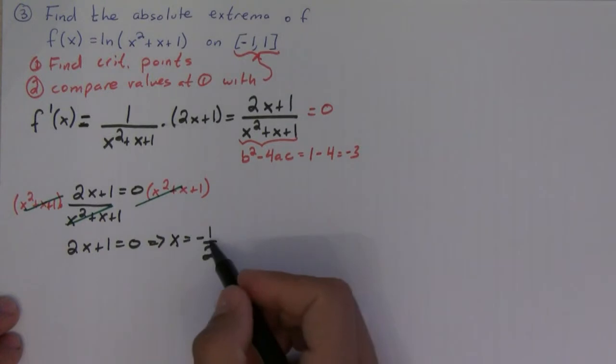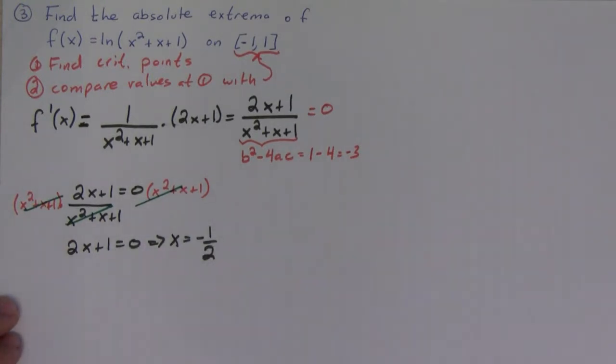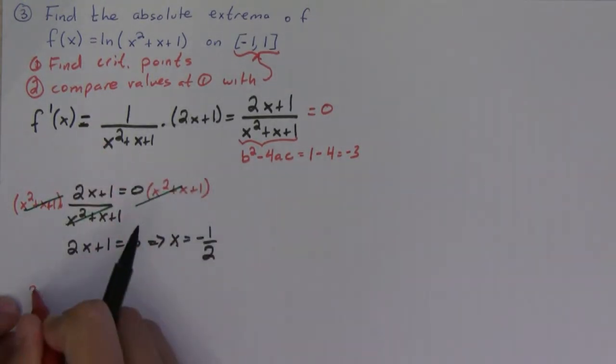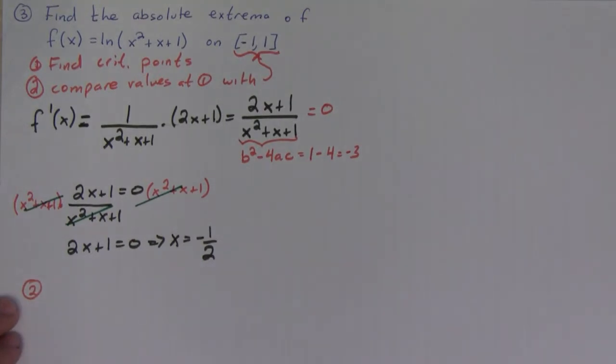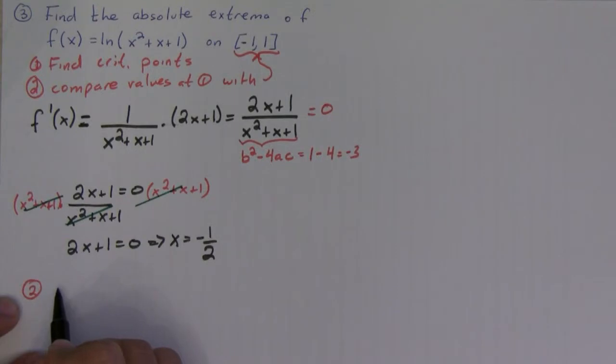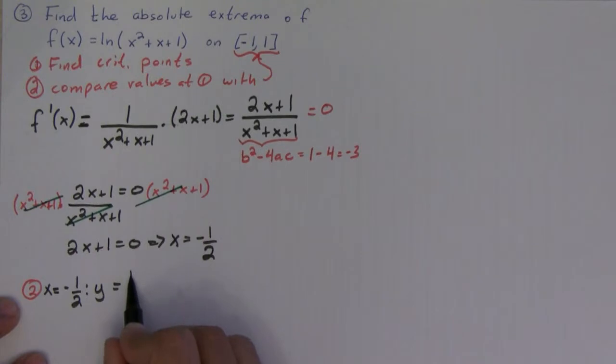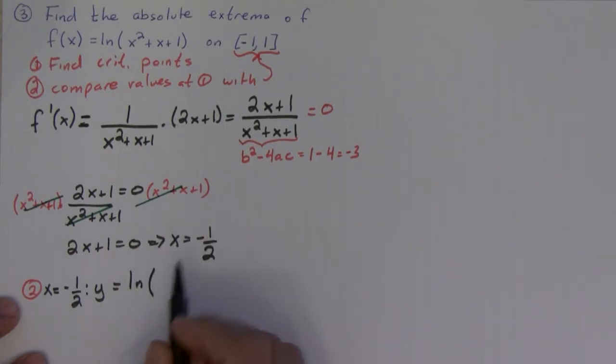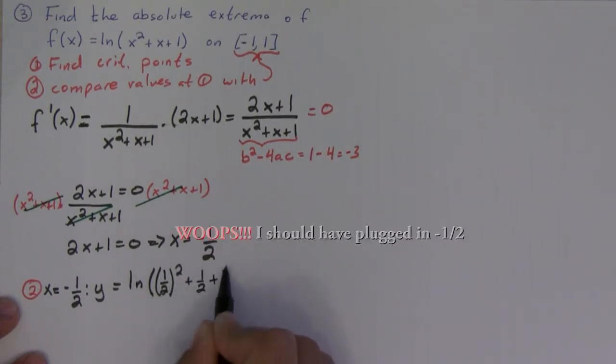And so now we're on to step 2: compare the values at the critical points with the values at the endpoints. So we're just going to plug it in. So when x is equal to negative 1/2, y is going to equal the natural log of 1/2 squared plus 1/2 plus 1.